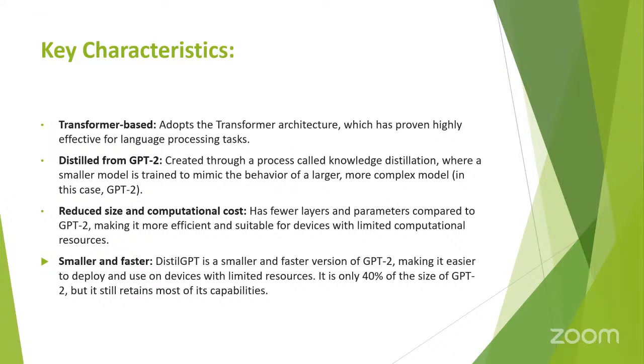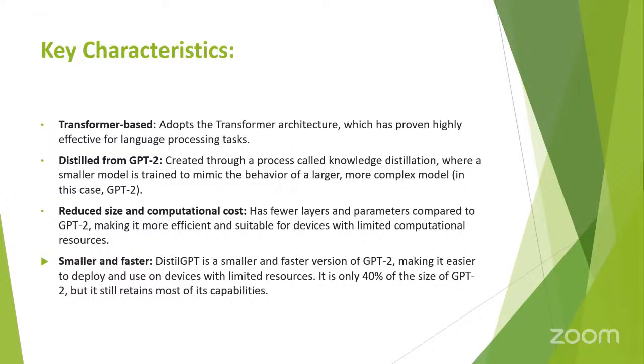It was created from a process called knowledge distillation, wherein we create one smaller model which is trained to mimic and behave like a larger model. The larger model, GPT-2, is trained on very big parameters and has a complex architecture.